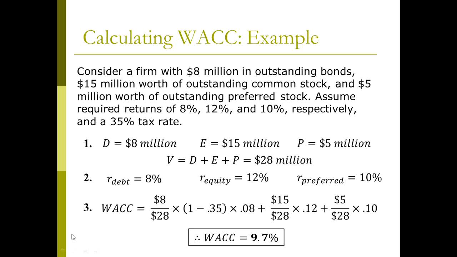Plugging in all the numbers in our WACC, the ratio of the debt, 8 divided by 28 times 1 minus 35% corporate tax rate times cost of debt, 8%, plus portion of the equity, 15 over 28, times the cost of equity, 12%, plus portion of the preferred stocks, 5 over 28, multiplied by 10% cost of preferred stocks.